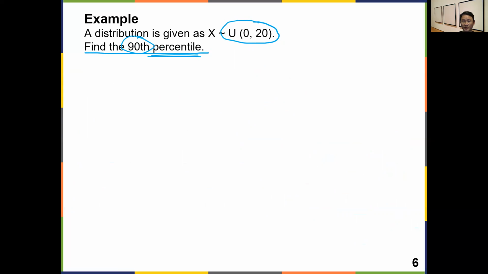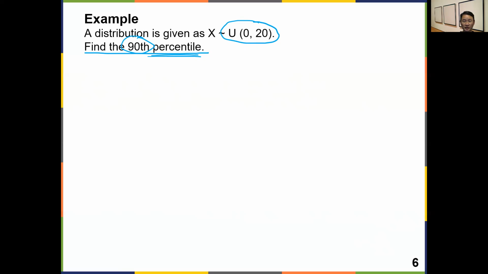Do you remember what percentile means? 90th percentile means 90% is behind you, 10% is ahead of you or above you. If my exam score is at the 90th percentile, that means below me there are 90% of the students, and above me there are only 10%.